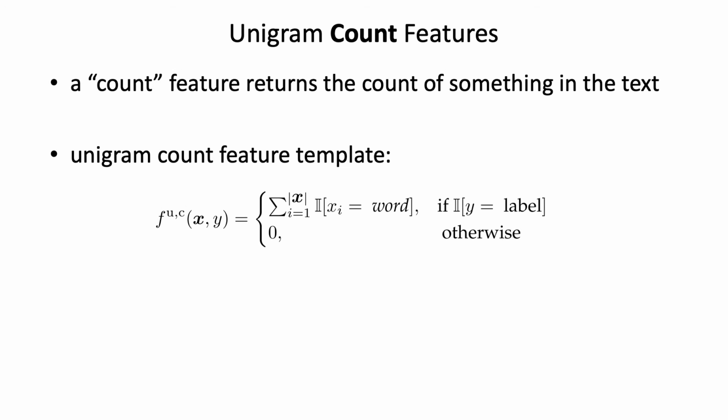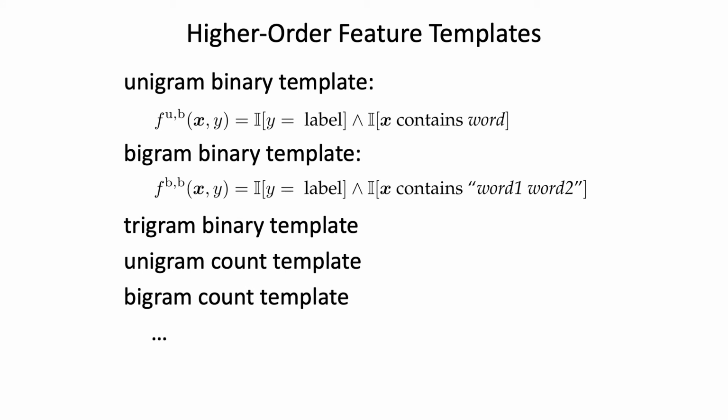Many other types of features are in common use. One type is a unigram count feature, which returns the count of a particular word in the input text. Here's an example feature template for a count feature, which iterates through all words in X and counts the number of times a particular word appears, all for a specific label Y. Other common feature templates look at bigrams and trigrams, that is, 2-word and 3-word subsequences in the input.